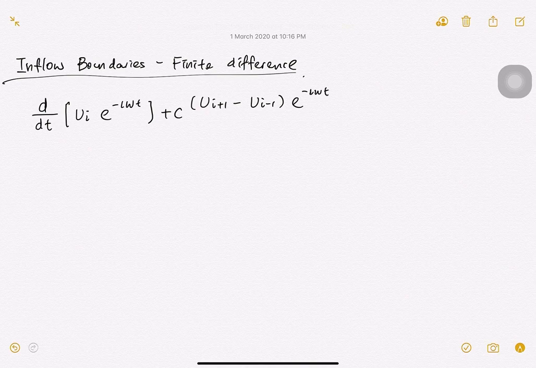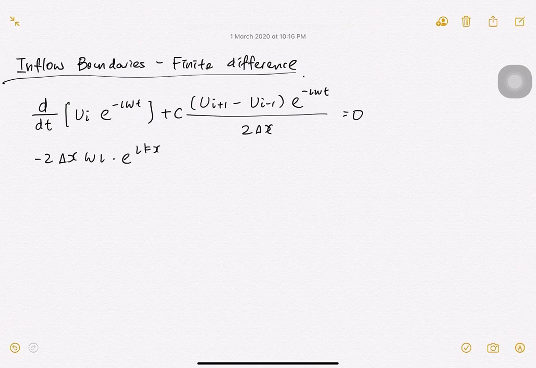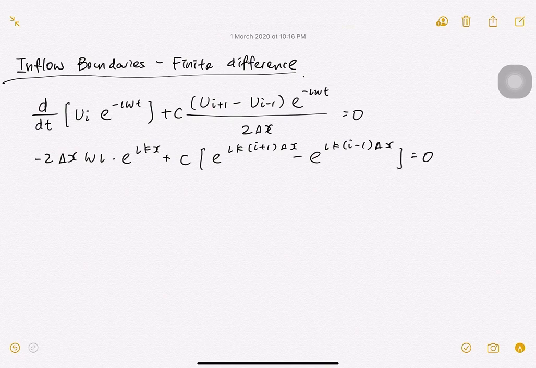Iota omega t over 2 delta x. Then we do differentiation here. Iota kx plus c iota k, i plus 1. Remember that we are substituting the discrete solution into this discrete advection equation. Delta x equals 0.